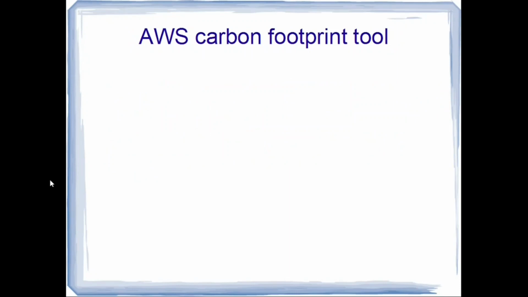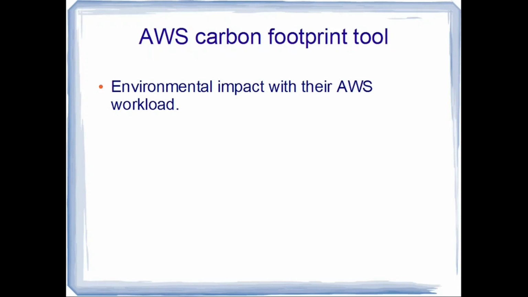Hey guys, now let's discuss the tool that is created by AWS. They've created a tool called the Carbon Footprint Tool. With this tool, the customer will come to know the carbon emissions by them. Let's see some of the features of this tool. Using this tool, customers can see the environmental impact of their workloads.